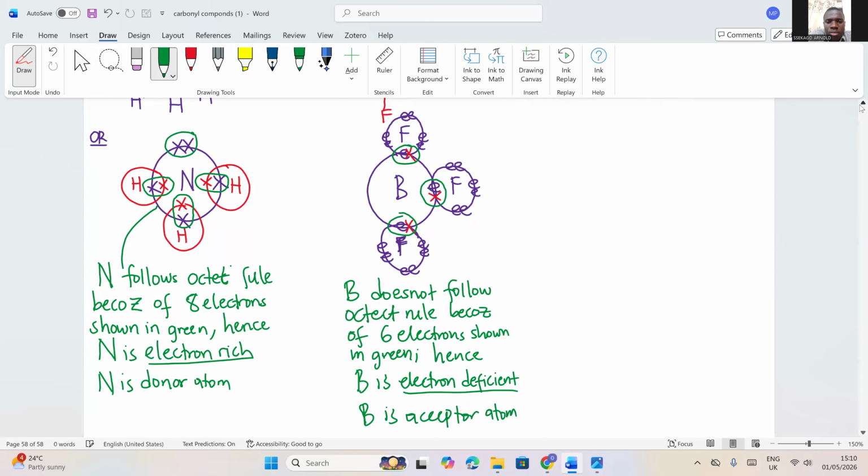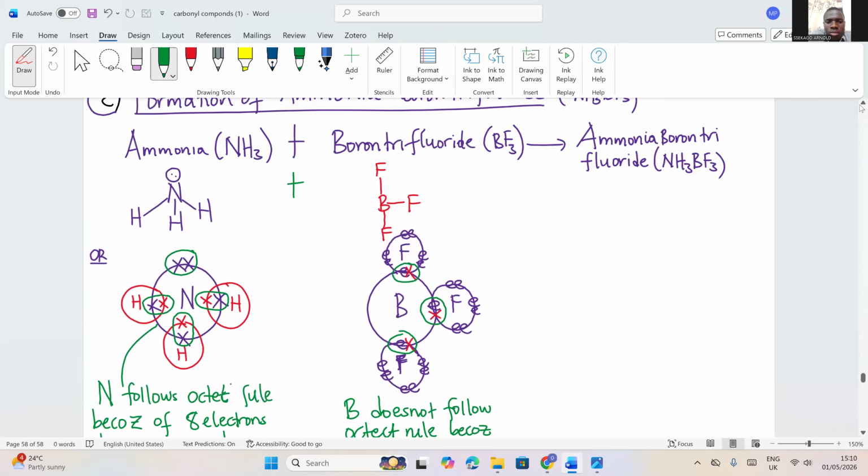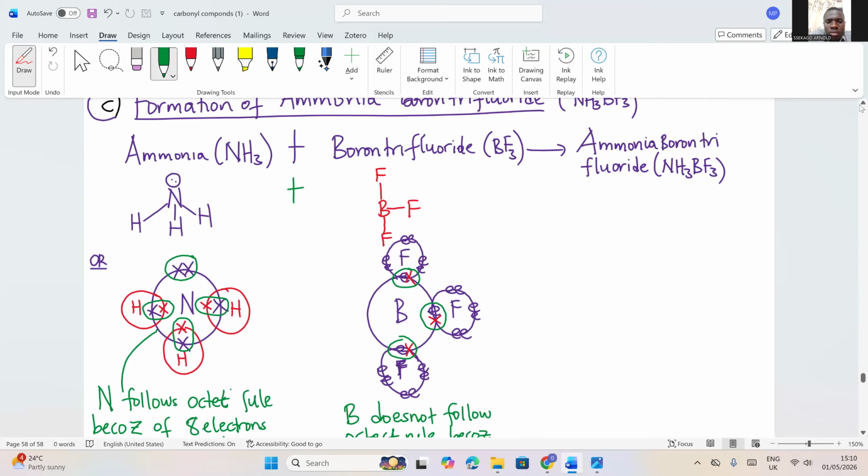So what occurs here? Now this B is the acceptor atom. You see also here it has empty space, because of not obeying the octet rule.